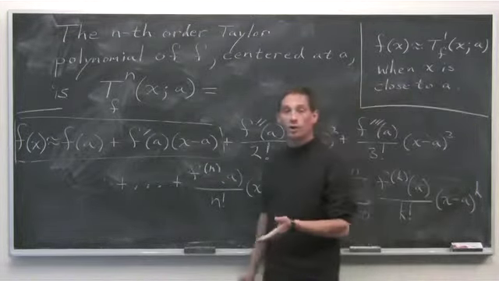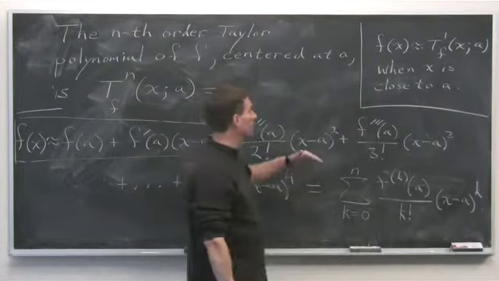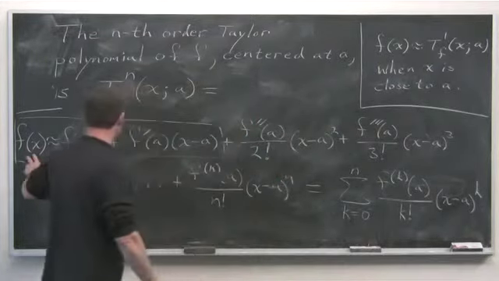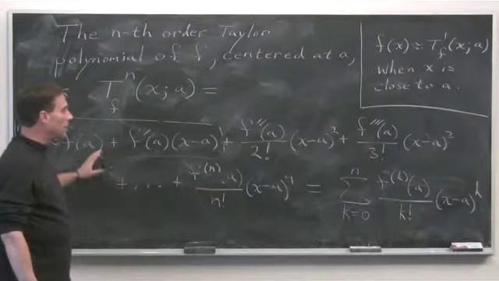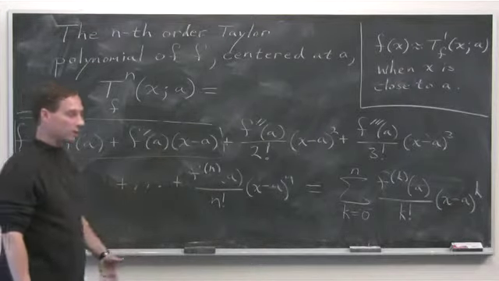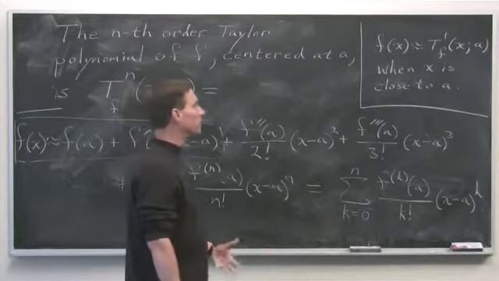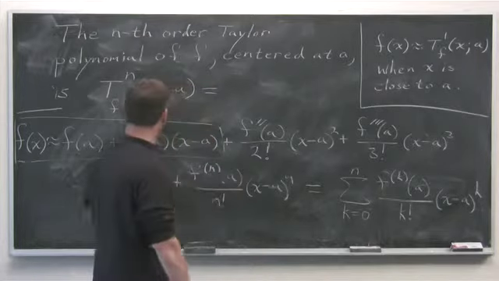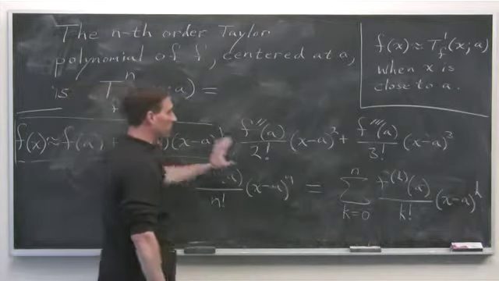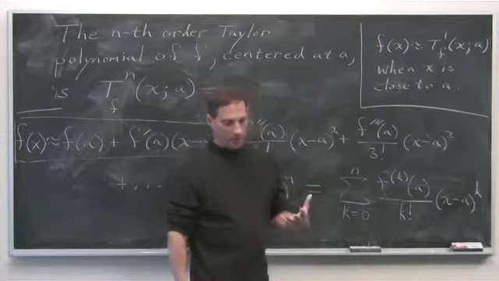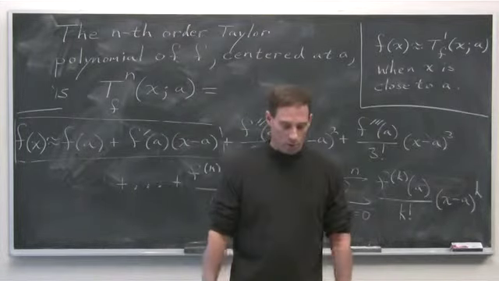Hopefully you remember this was called linear approximation. You're approximating the original function by a linear term. Now we're adding more terms in, and our approximation is typically much better than just approximating by these first two terms. We approximate by a higher order polynomial.